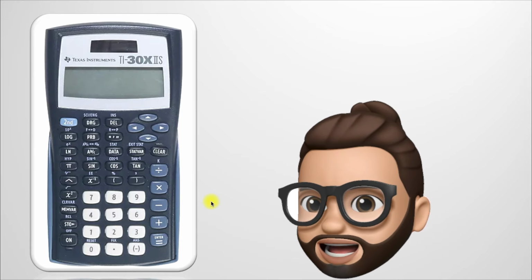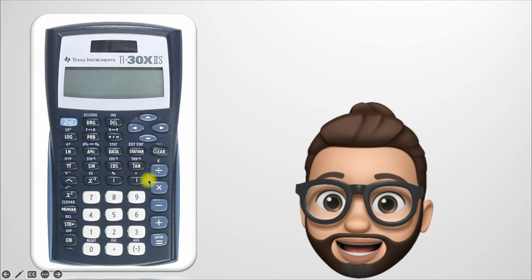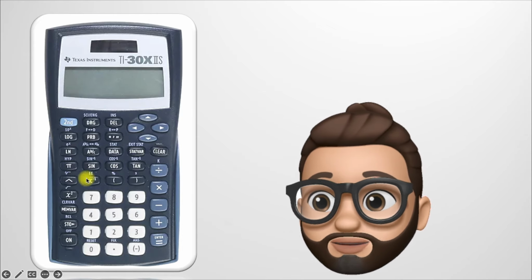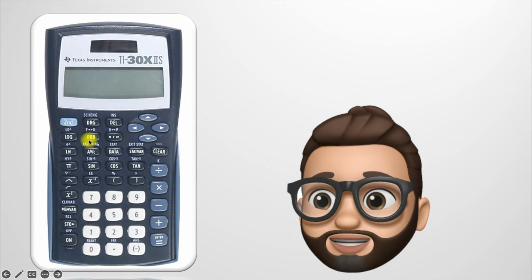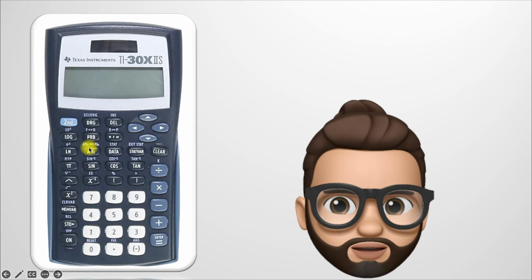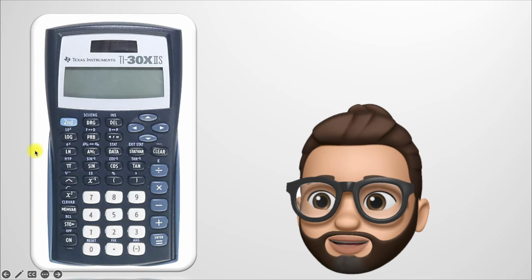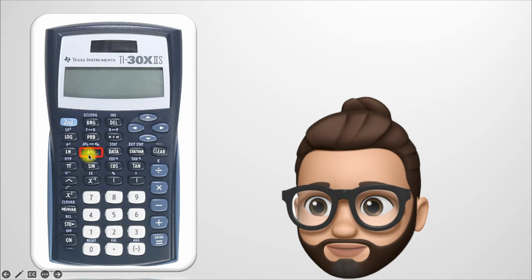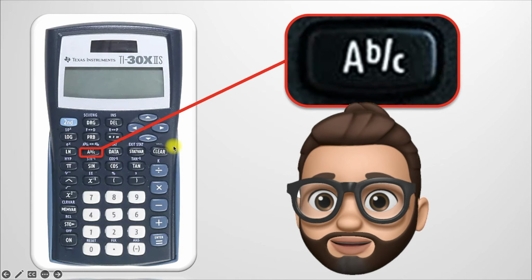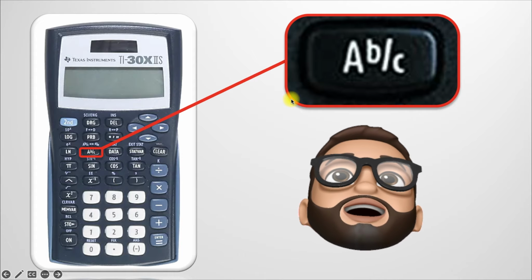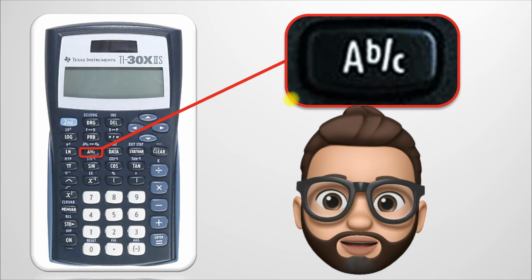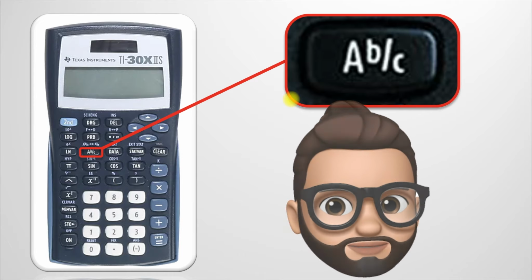Now when you first look at this calculator here, it can be really scary. There's lots of buttons with lots of words and lots of letters, and it's hard to know what's what. So in order to make it really simple, I promise you we're only going to have to worry about this specific button right here. And if we zoom in on that button, it looks like this: A, B, C. Now that has a specific meaning.